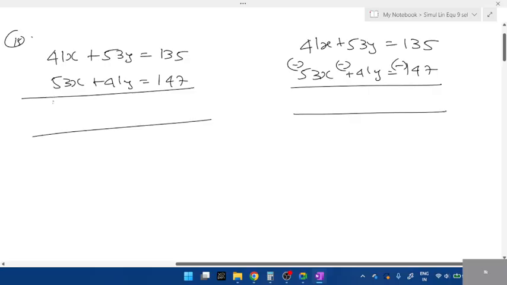Okay, when you add, what did you get here for this? 94x plus, what is common to them? If you take 94, what is left?